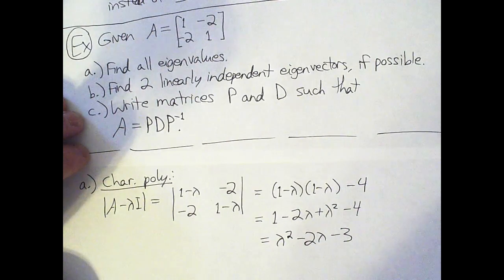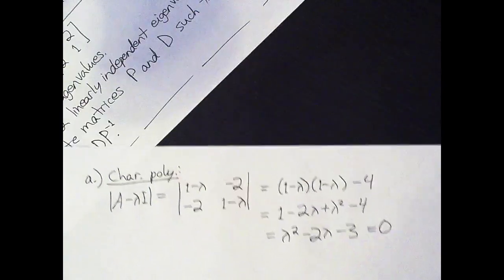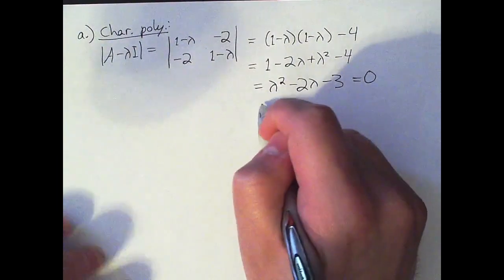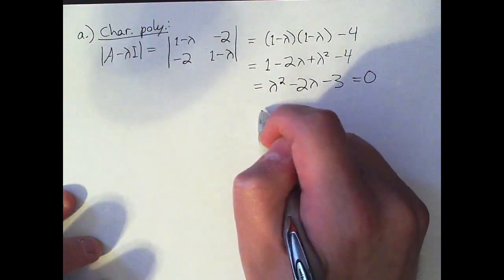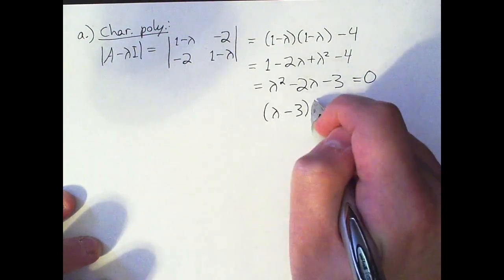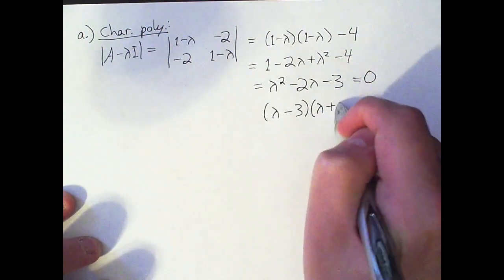I guess this is the characteristic polynomial, and we want to solve the characteristic equation, so just set it equal to 0 and solve. I'm going to move the problem away now. This factors. If the eigenvalues are going to be integers, then this factors. There's no guarantee that the eigenvalues will always be integers, but it's nice when they are.